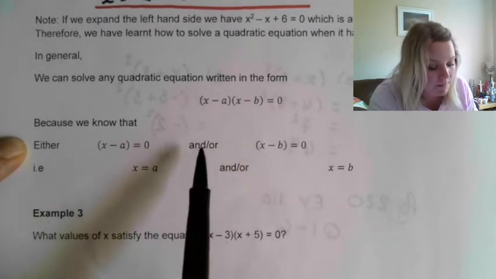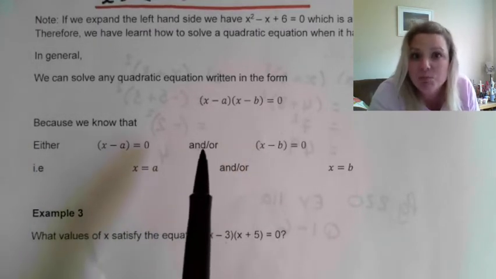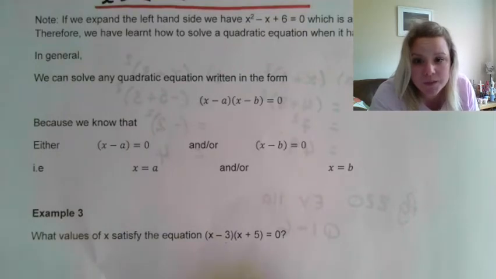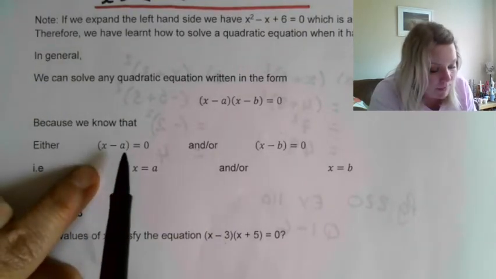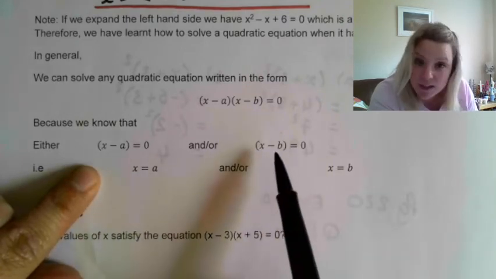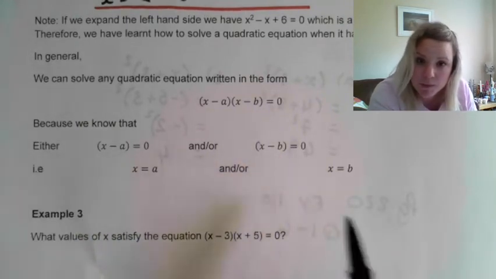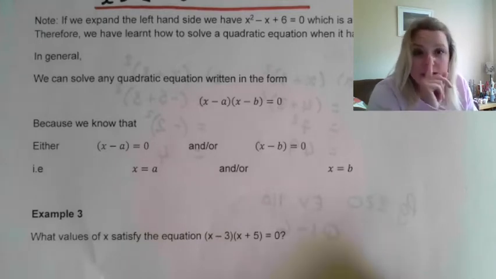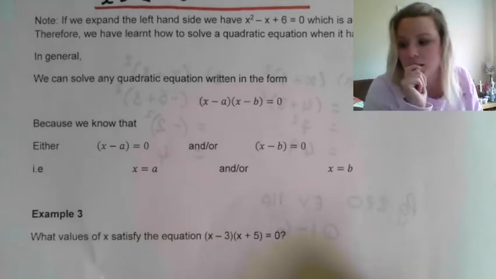And remember, it's and or, like both of them could be 0. So if x minus a is 0, x must be a, or if x minus b is 0, x must be b. So we've got one example on this, and then some classwork.